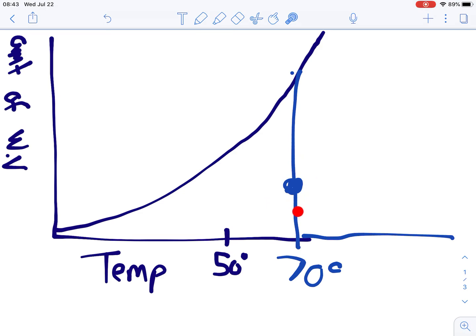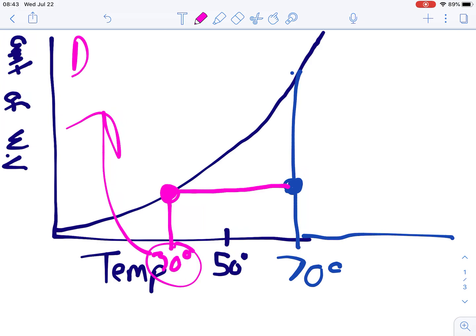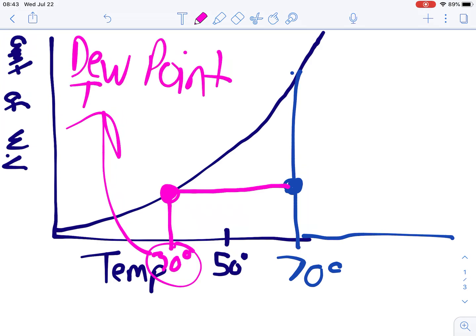We know right now it's not saturated because it's not up at the top of the line. But if we cool the air down, eventually we're going to hit the line. The temperature that we hit the line at, let's say this is 30 degrees, that is our dew point temperature.